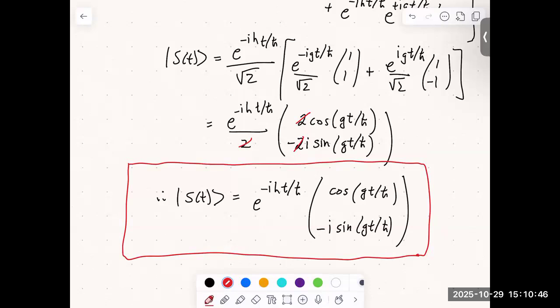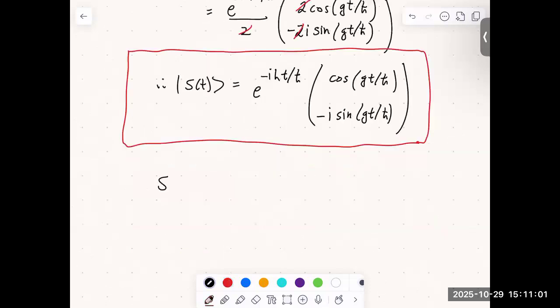So I'm alternating between being in state 1 and state 2. And I alternate through those periodically, and the frequency is determined by g over h bar.